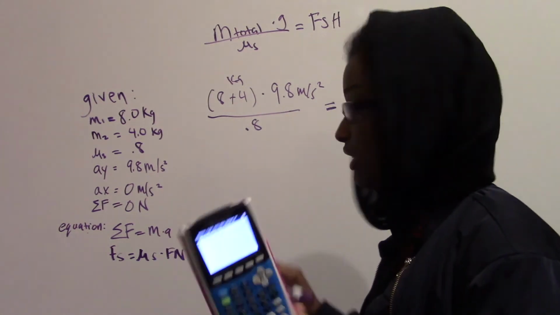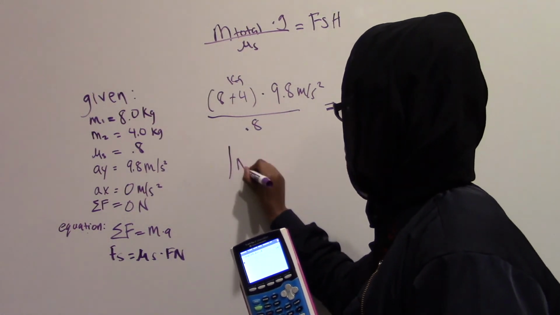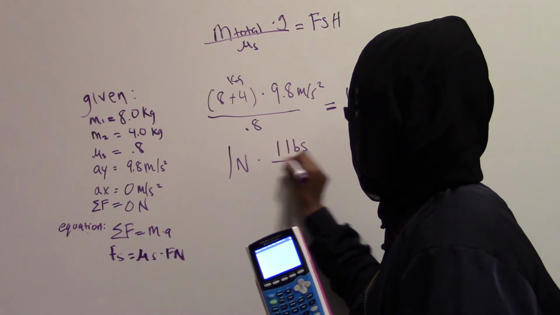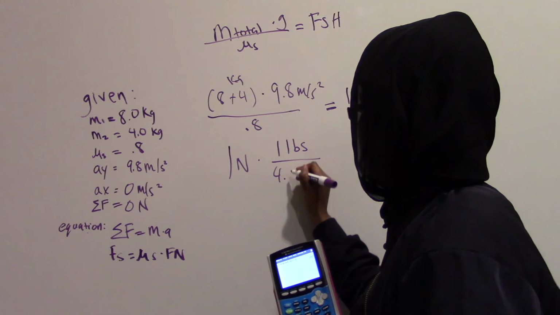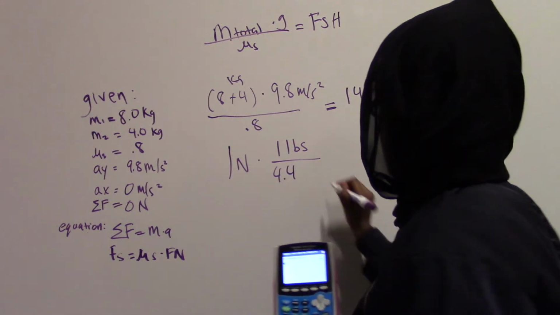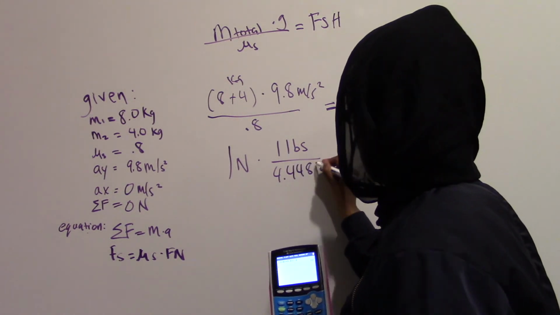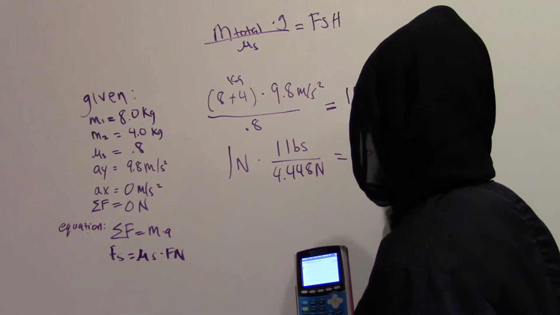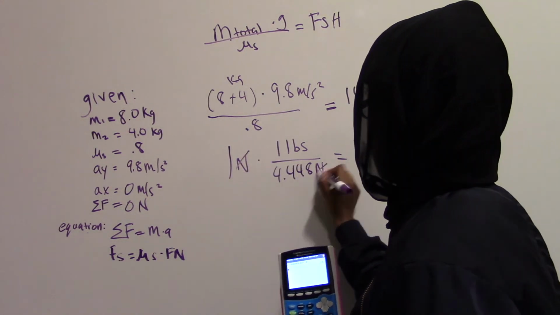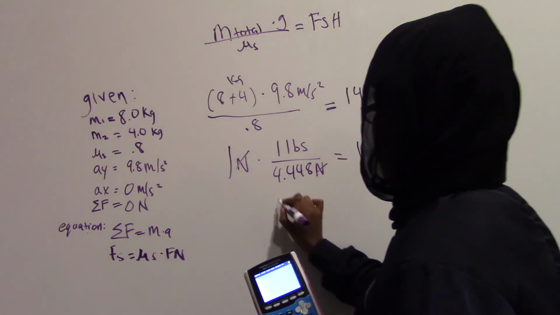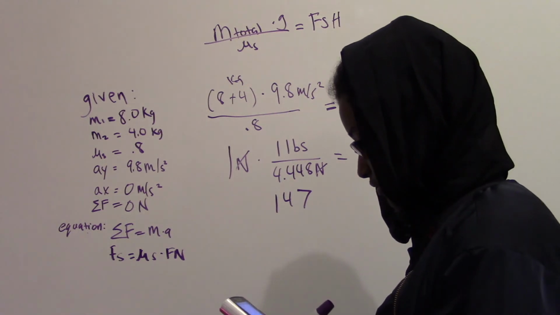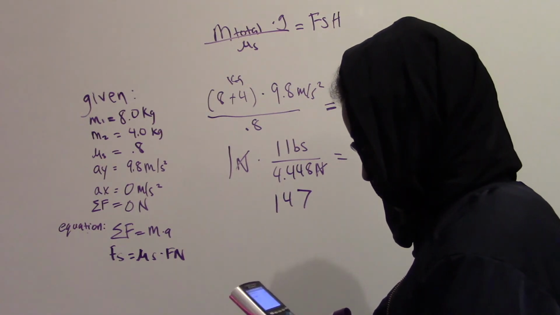So the conversion is 1 Newton times 1 lb over 4.448 newtons is equal to pounds. Right? You're going to put it there and there. And so we're just going to do 147 divided by 4.448.